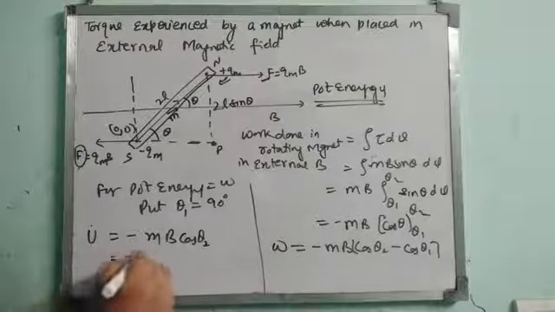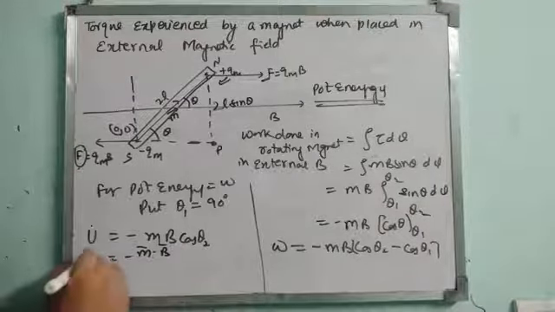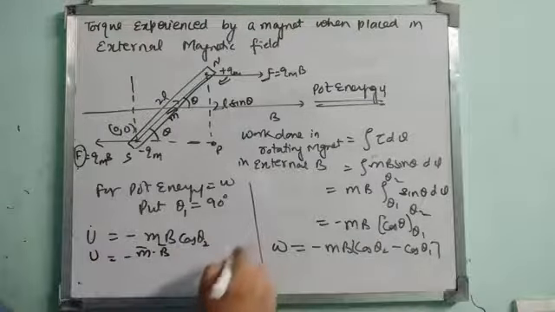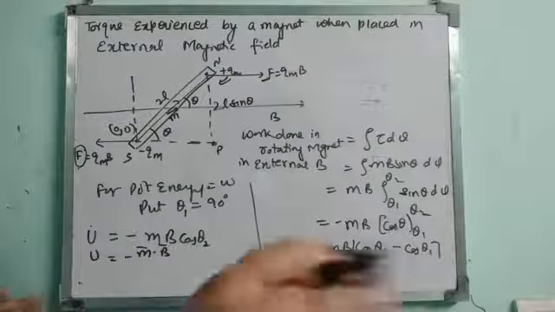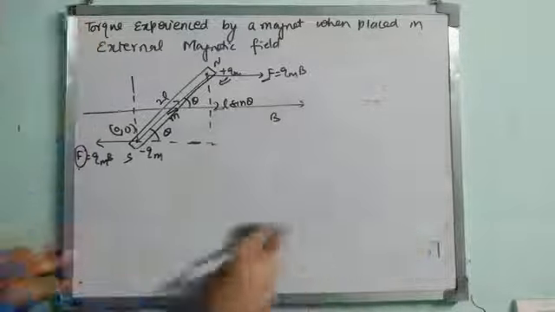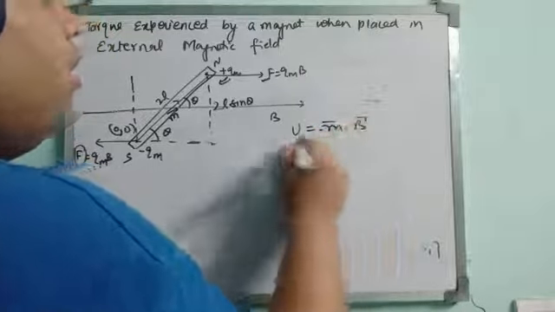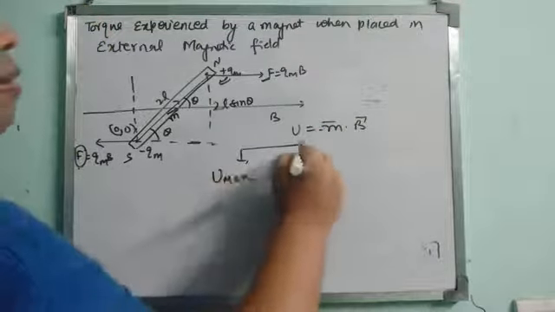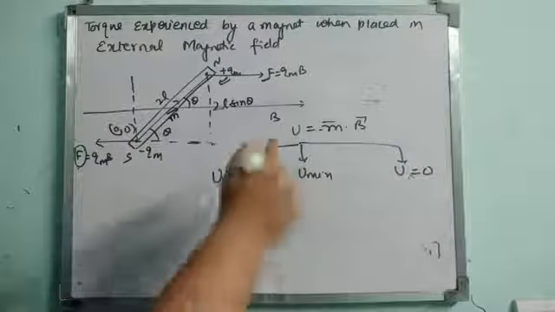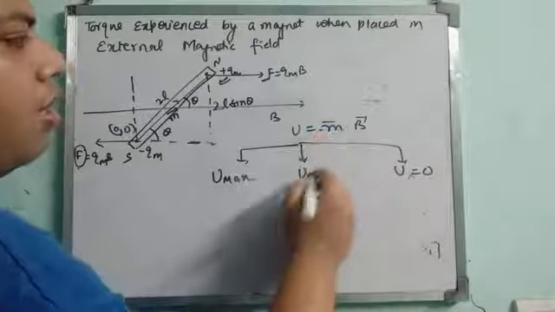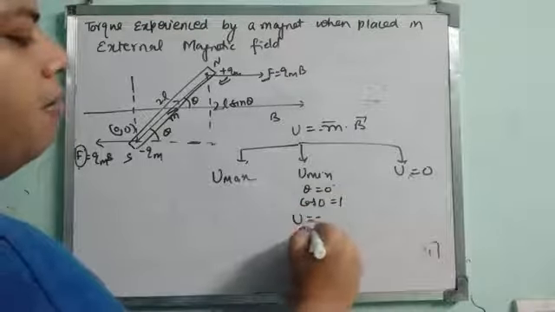You can write it as equal to minus m dot b. And again we have discussed when it is maximum and when it is least. Look at the potential energy: it can be maximum, it can be minimum, and it can be 0. Potential energy will be minimum when theta is 0 degrees, cos 0 is 1, and the minimum potential energy will become minus mb.